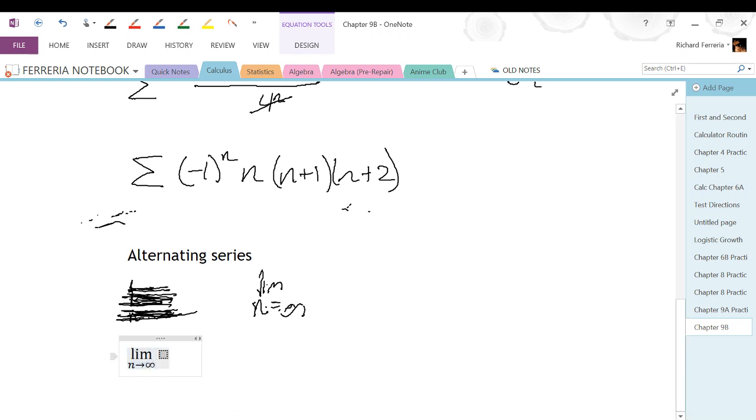Of the general term, which was n plus 1, n plus 2, that approaches infinity, right? Oh, jeez. What did I do wrong? It was supposed to say infinity.